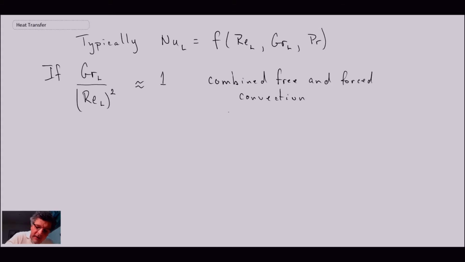And consequently, for this, we know that the Nusselt number is going to be a function of all three, the Reynolds number, the Grashof number, and the Prandtl number.